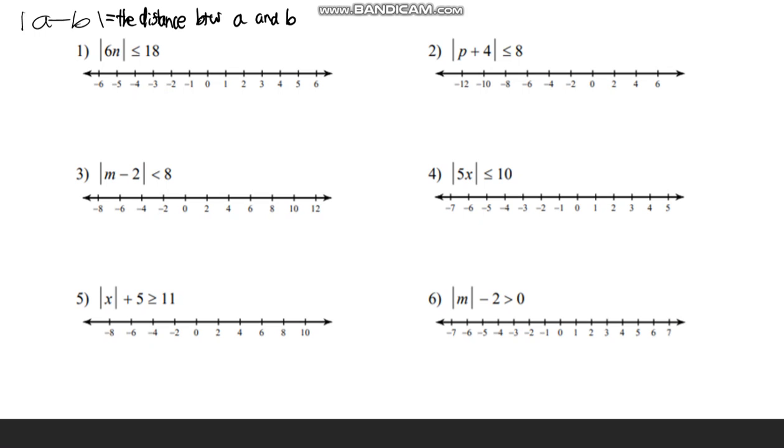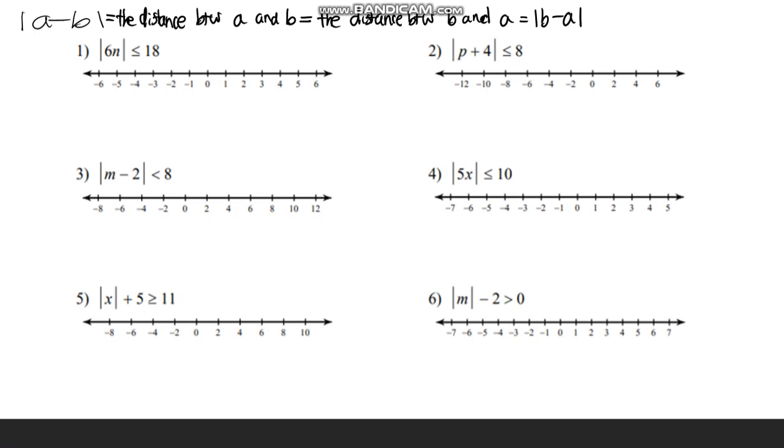And it's equivalent to saying the distance between b and a. So you can rewrite this as absolute value of b minus a.